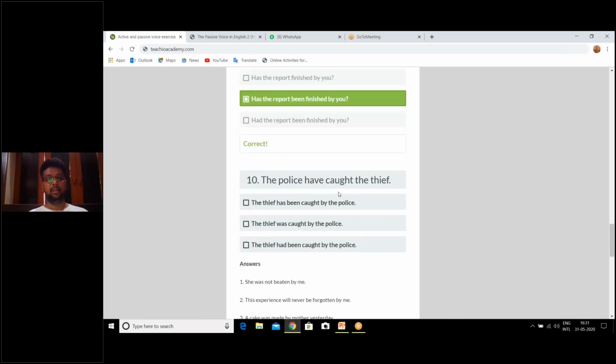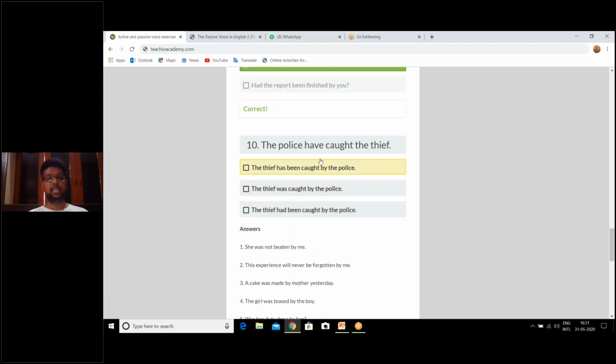What about question number 10? The last question. The police have caught the thief. Reply properly. Everybody reply to me.